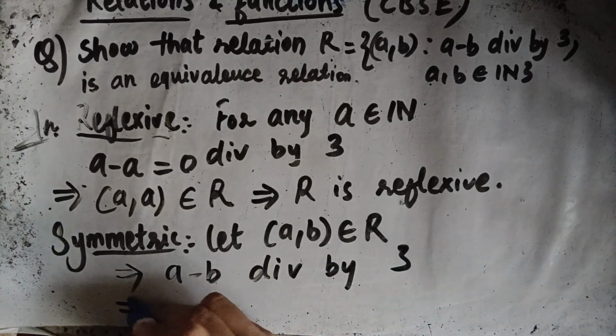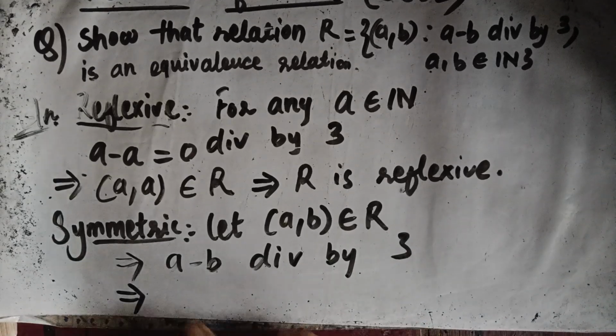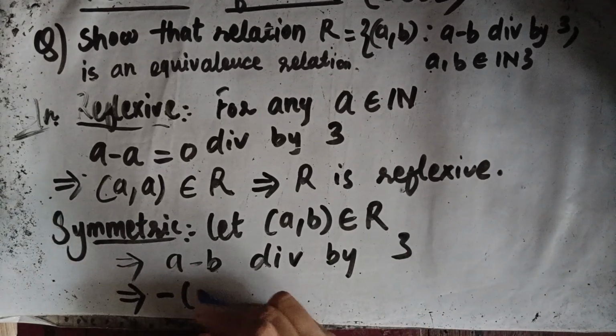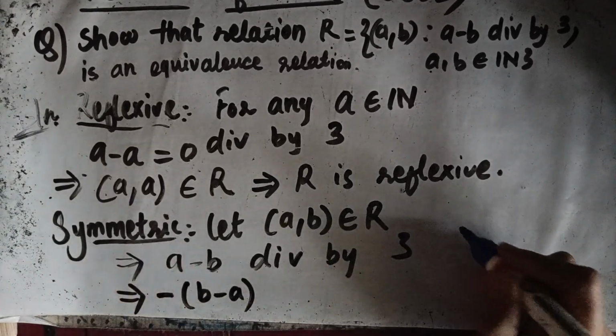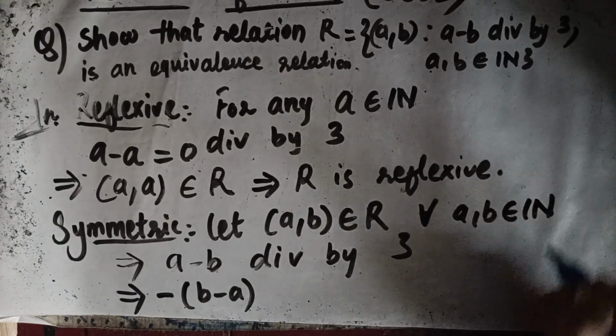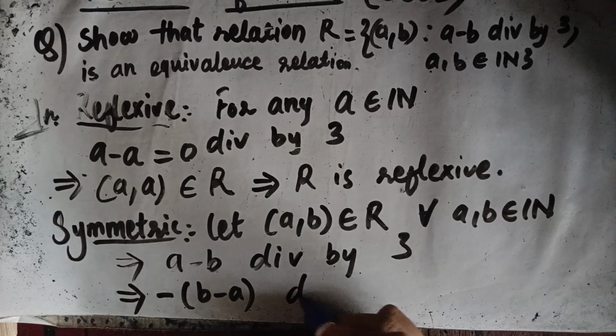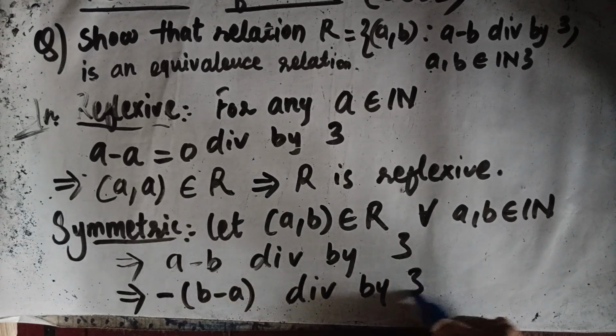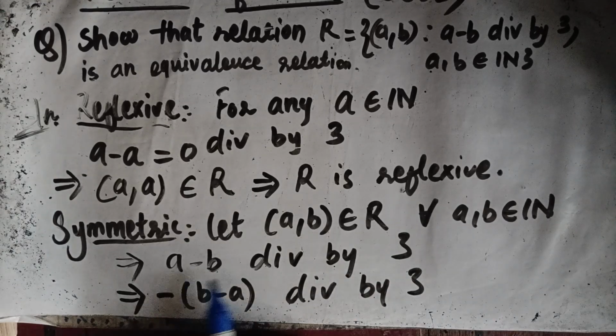This implies if I take minus outside, this will be b minus a, for all a, b belonging to natural numbers, divisible by 3.